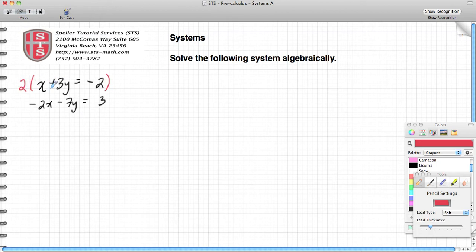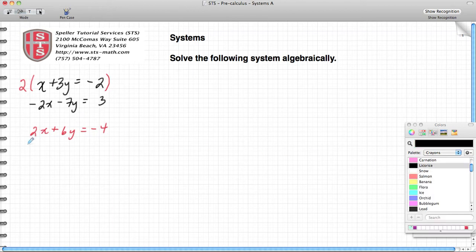Multiplying each one of these terms by 2 still leaves me with a true math sentence. So I have 2x plus 6y is equal to negative 4. And then I'm going to keep my bottom equation, which is negative 2x minus 7y is equal to 3.